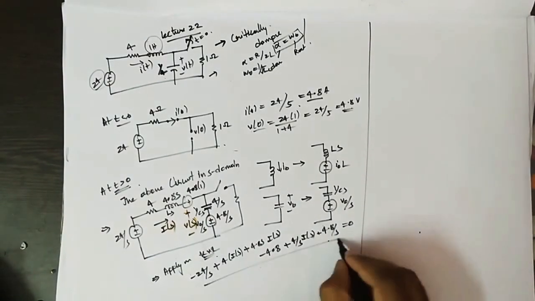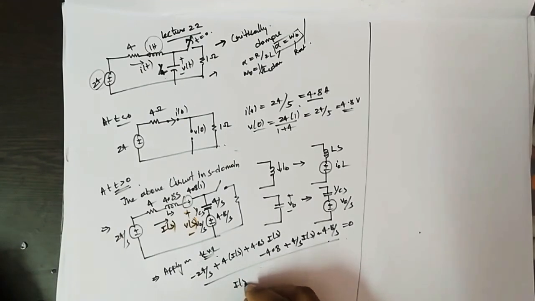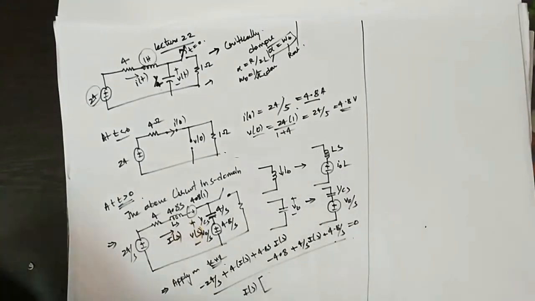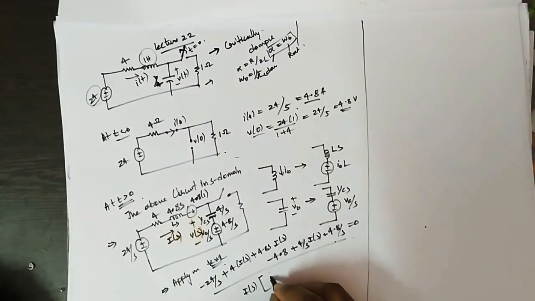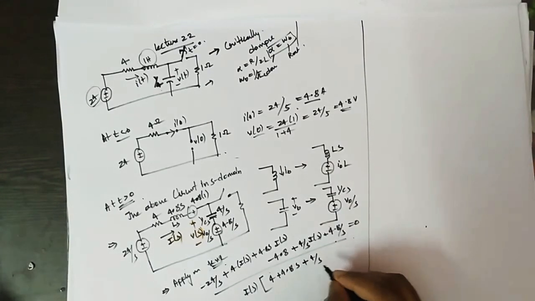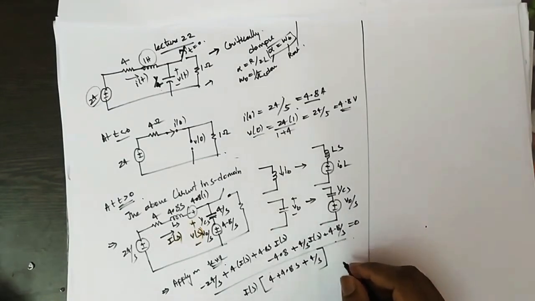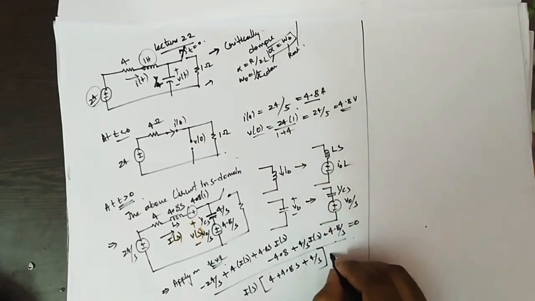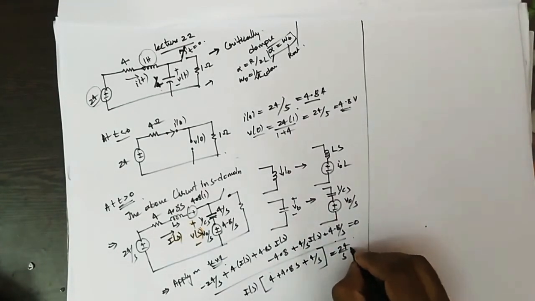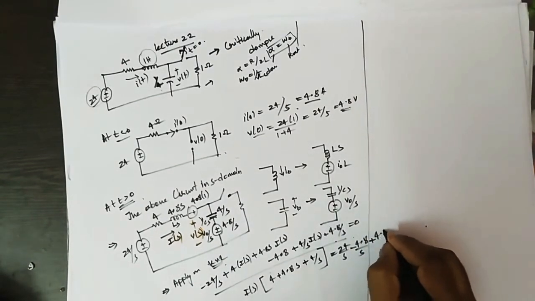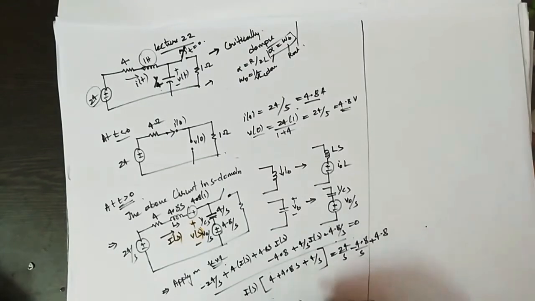This is the one loop equation. Taking the terms to the other side, you get 24 by s minus 4.8 by s plus 4.8.